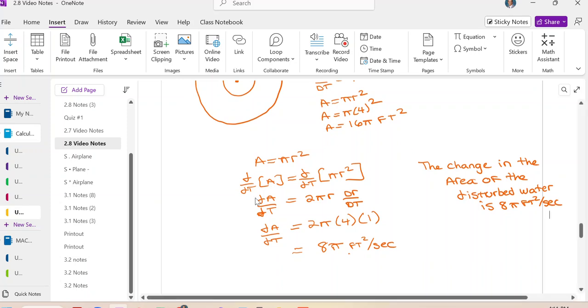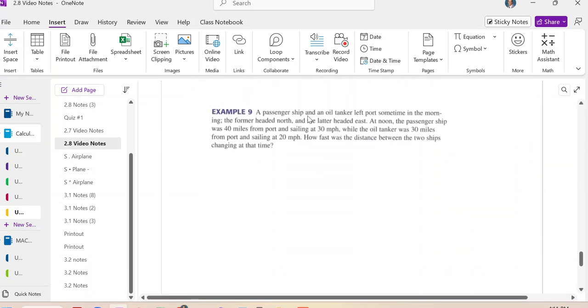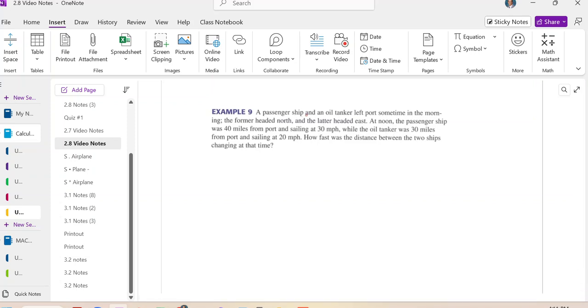All right, the next problem is another one. We have a passenger ship and an oil tanker that leave the port. So here's the port. Sometime in the morning, the former, the passenger ship, heads north, and the oil tanker heads east.